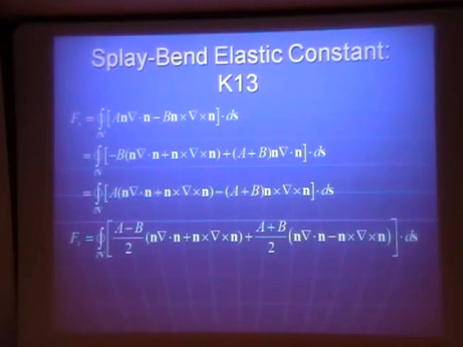And the remaining thing is the splay-bend elastic constant. We can manipulate it a little bit in a more symmetrical manner. What is unique is, this is the saddle-splay, and this is the splay-bend.